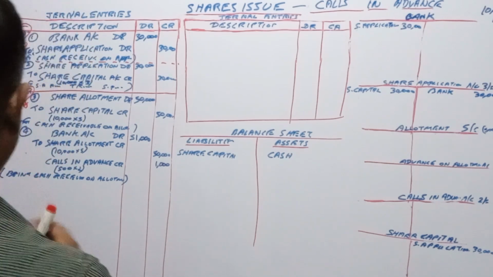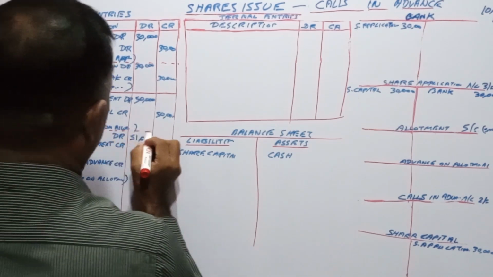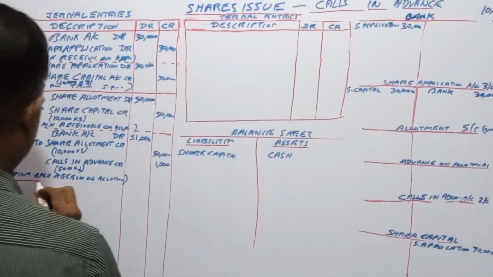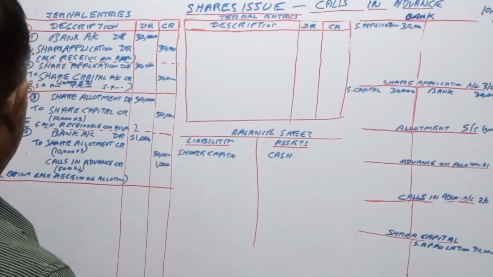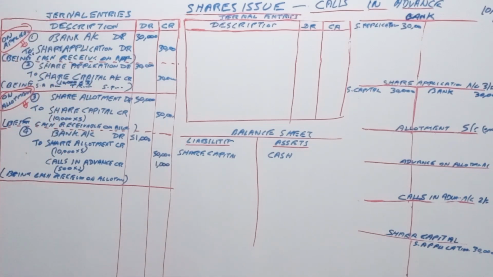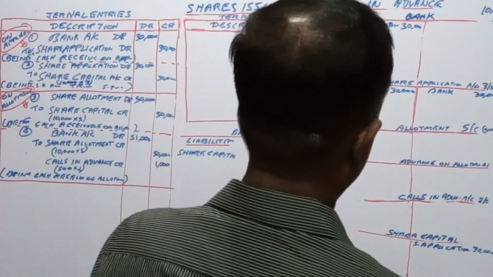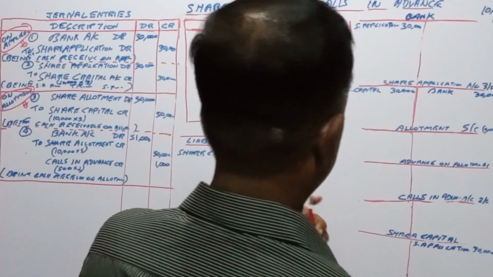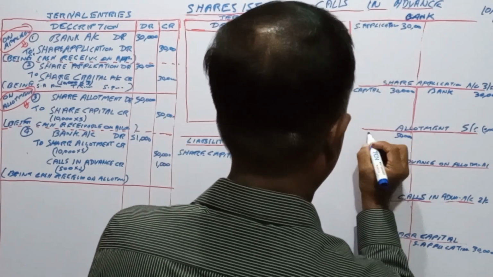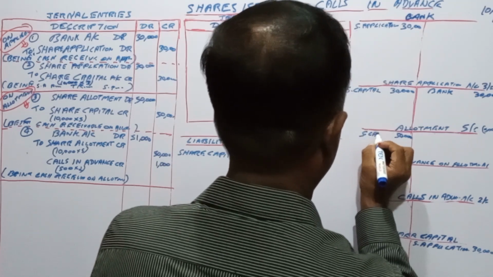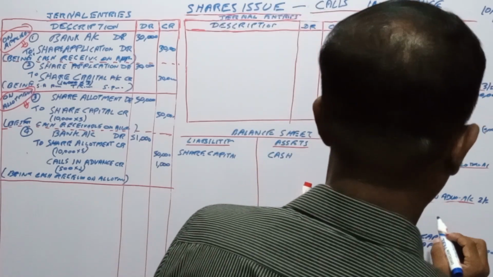Journal entries are completed. Now we have to pass the ledger entries. Share allotment account debit 50,000 to share capital account.